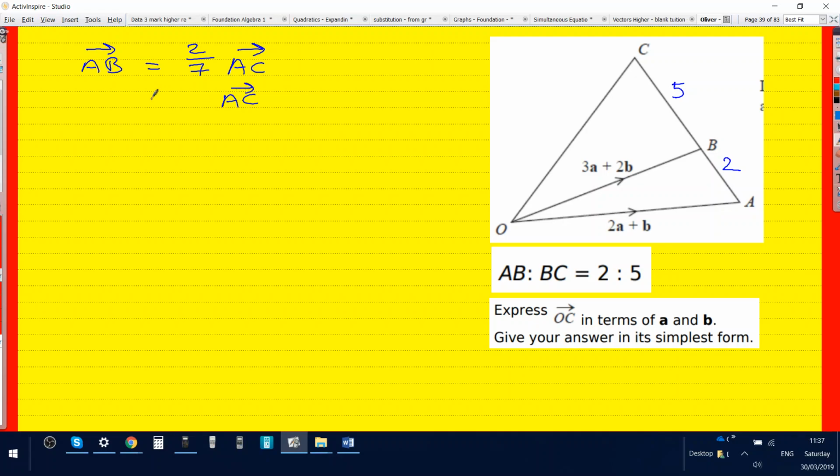Alright. And then a to b equals minus 2a minus b. Add 3a, add 2b. What do you get?